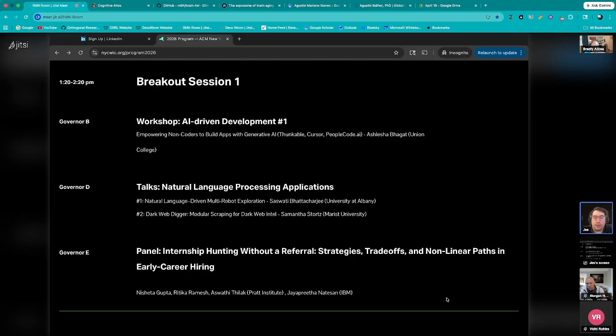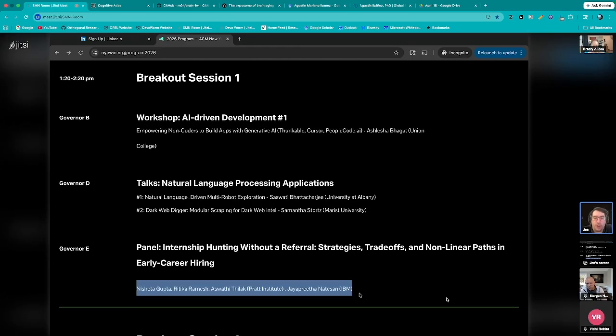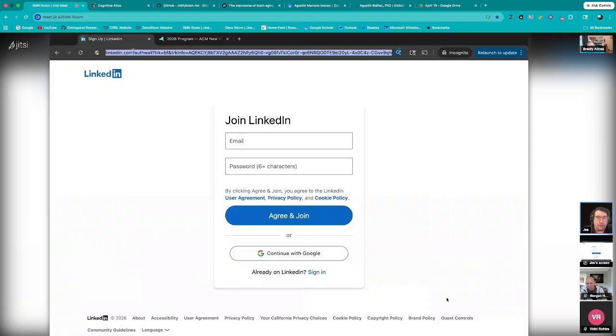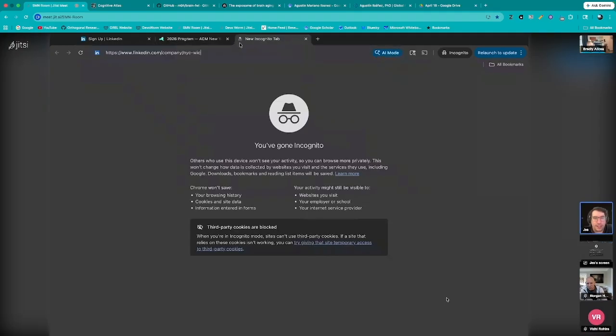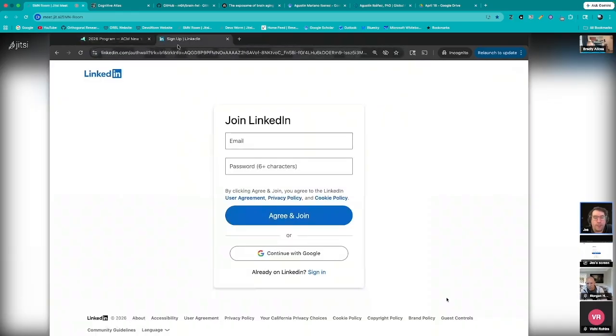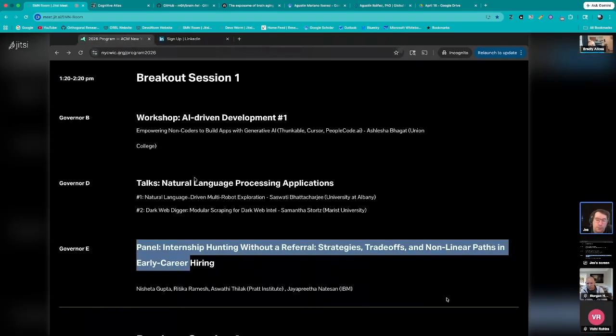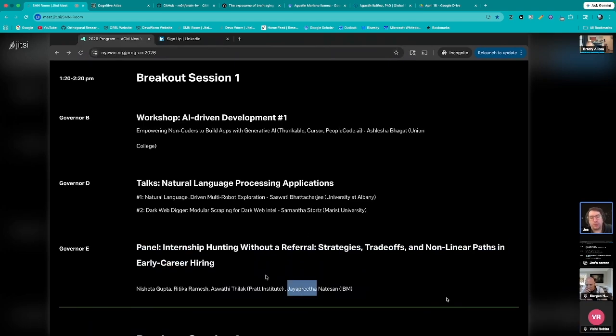People really liked this panel, and there's also a bunch of things on social media which I don't know if I can easily show right now. It's giving me grief because I could do this before, and now it's not letting me. But this panel with these speakers, we just mentioned Jayapreeta, people loved it.